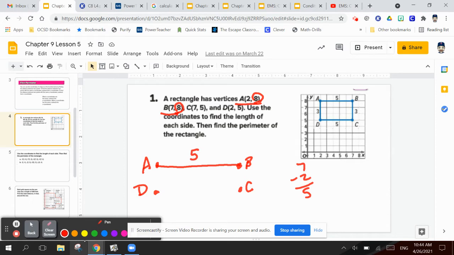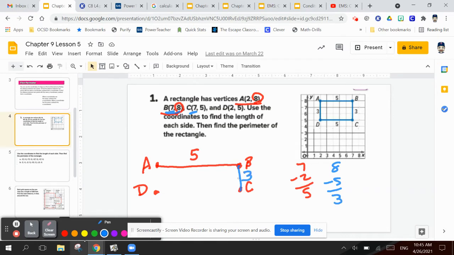If I look from B to C, B and C each have the same x coordinate. That means the y's are different. So to find line B to C, I have to subtract 8 minus 5. 8 minus 5 is 3, so I know this side is 3.